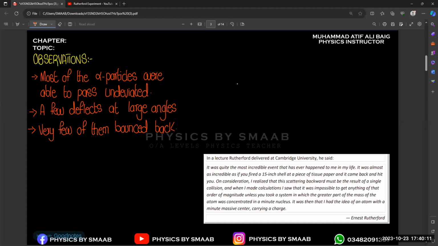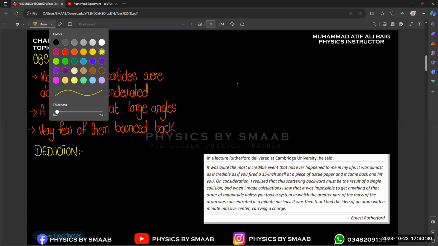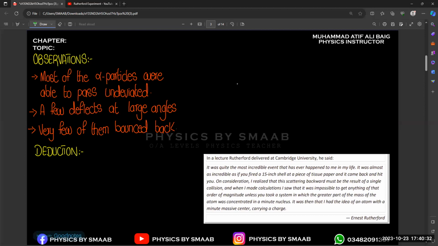So basically, what did we actually get from these observations? Let's suppose they ask what you deduce from these observations of the experiment. We can say that the atom is mostly empty space, right? There is nothing in the atom.